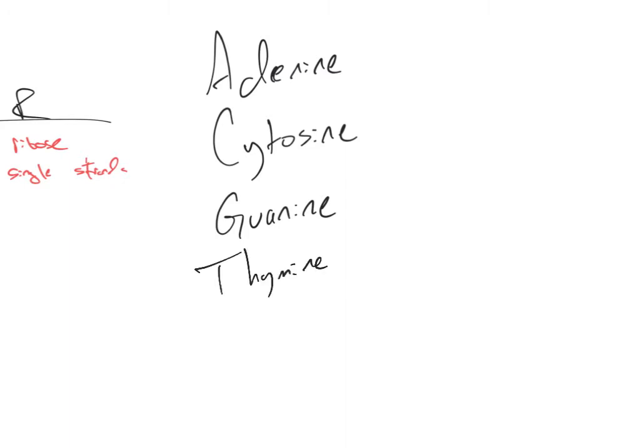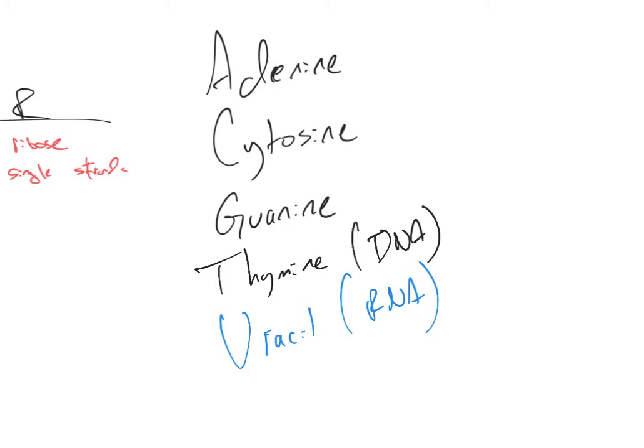And the last one is uracil. Uracil is RNA, and thymine is DNA. Adenine, cytosine, guanine: these three are in both DNA and RNA.